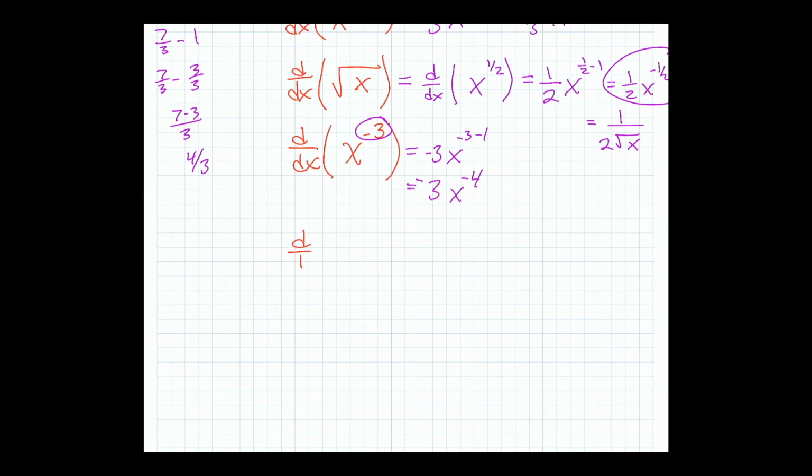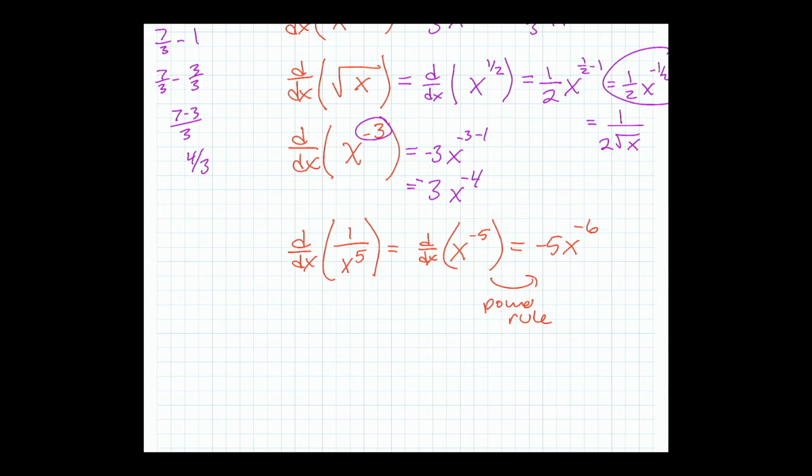And you can do similar ones, negative exponents, when you have fractions. So if I say, what's the derivative of, let's say, 1 over x to the 5? If you want to use the power rule there, you have to write it as d/dx of x to the minus 5. And then you can apply the power rule, only then. So then you take the minus 5 down in front and subtract 1 from the power.